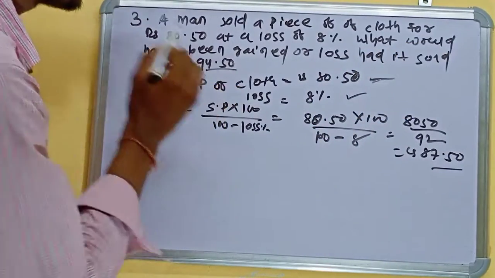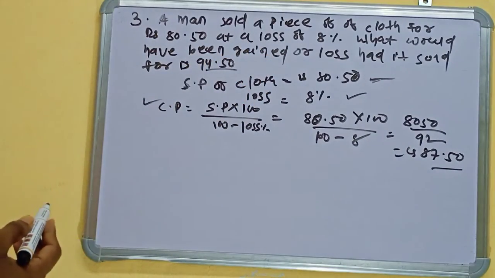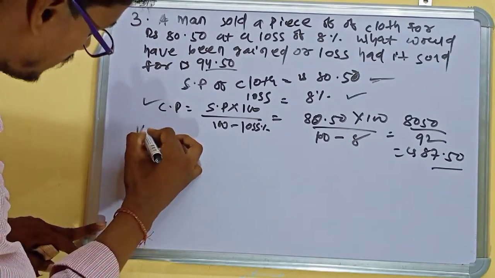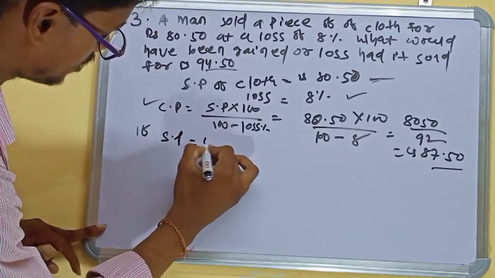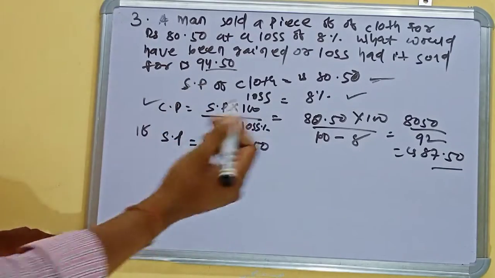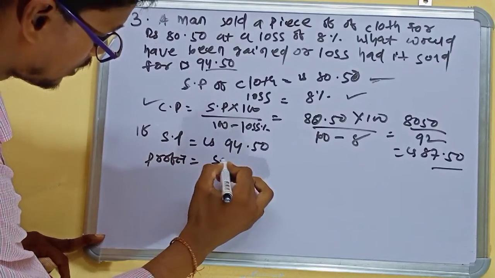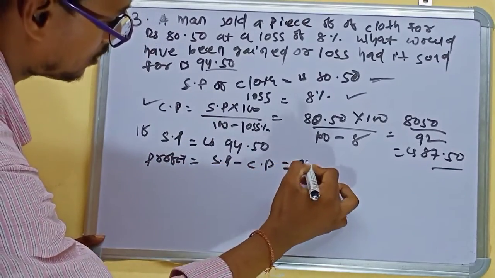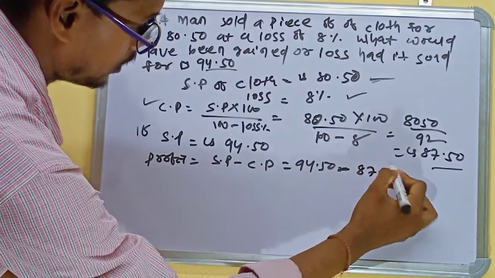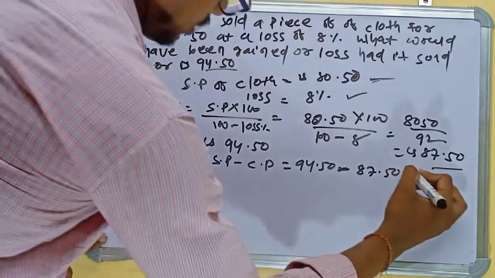Then next, if he sells for 94.50, it may be a gain or loss. So CP is 87.50. If SP is equal to rupees 94.50, then here is the case of a profit. Profit is equal to SP minus CP, which is 94.50 minus 87.50, equal to rupees 7.